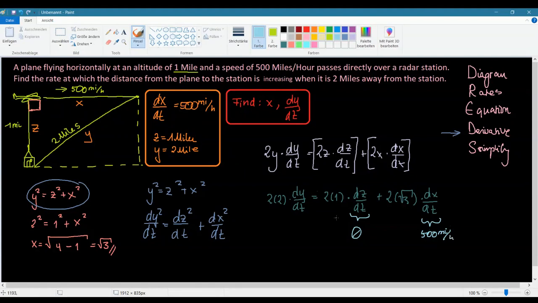So this entire thing becomes 0, because it's 2 times 0, and that's just 0. So we end up with 4 dy by dt equals 0 plus 2 square root 3 times 500 miles per hour.